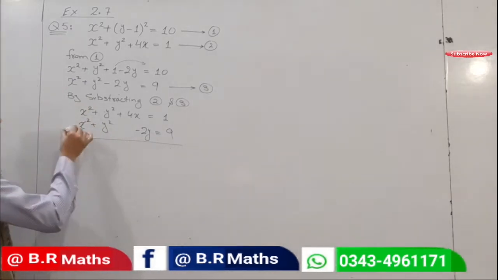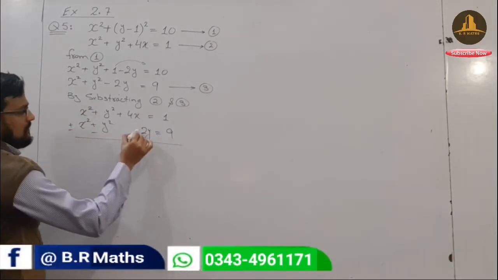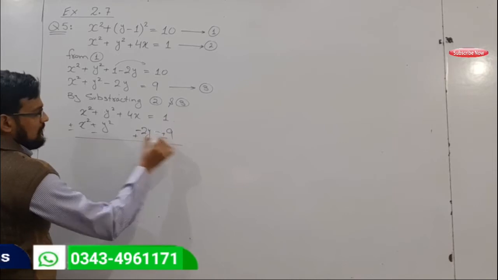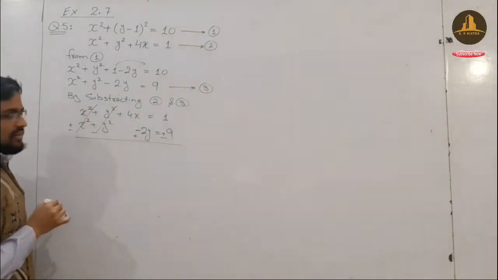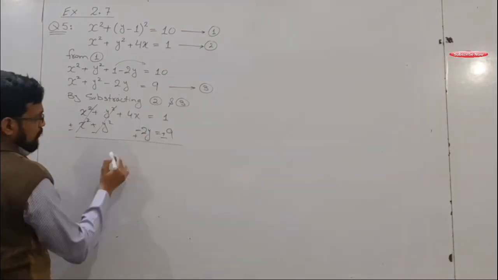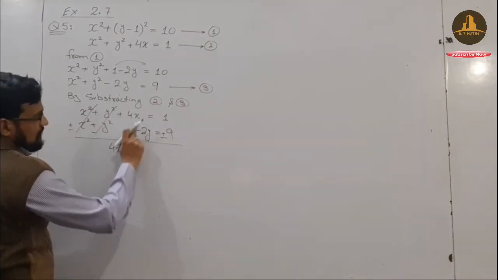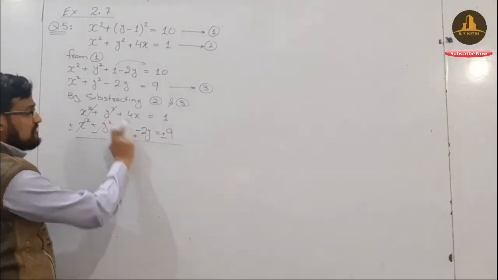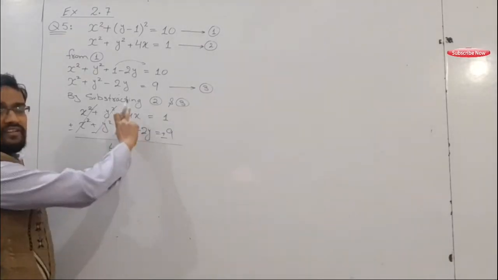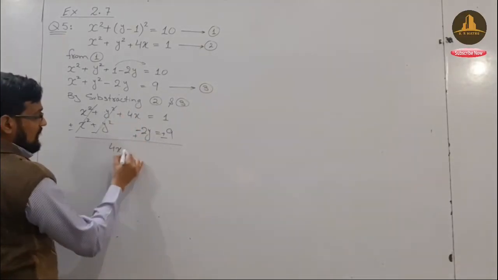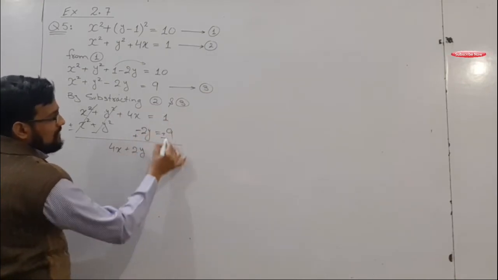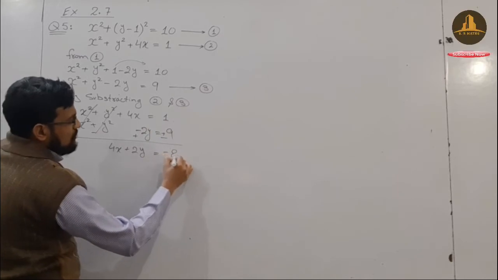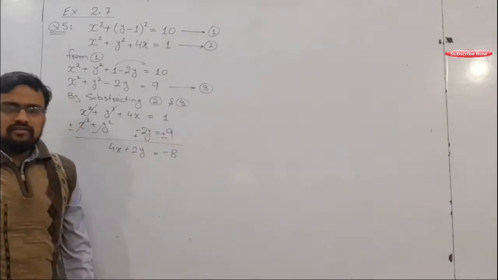Change the sign, students. x square cancels with x square, y square cancels with y square. The remaining is 4x and this y. Do not simplify this, x and y are different terms, not like terms. So this is plus 2y, and 1 minus 9 becomes minus 8.